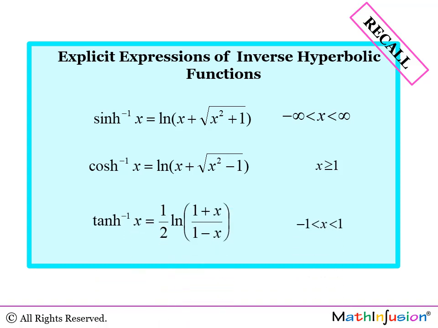The inverse for the tangent hyperbolic x is half of ln of 1 plus x over 1 minus x, and x is greater than negative 1 and smaller than 1.